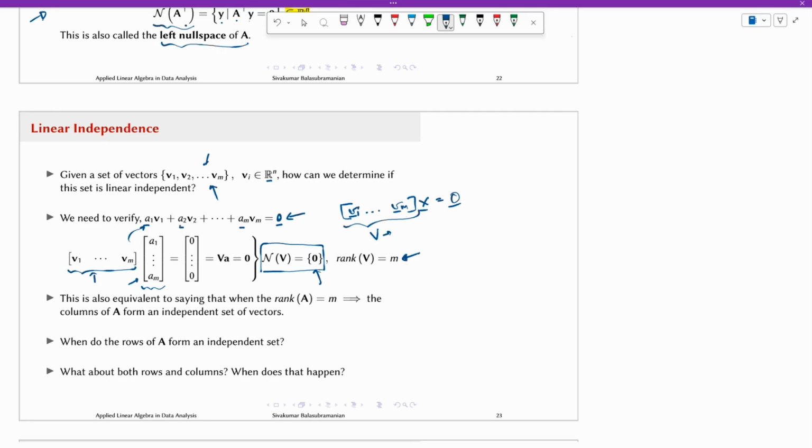Or equivalently, if the rank of, so for example, if you have m vectors, if the rank of the matrix is m, then the columns of the matrix V are linearly independent. Okay? So essentially, you can find out linear independence by simply solving a set of linear equations.